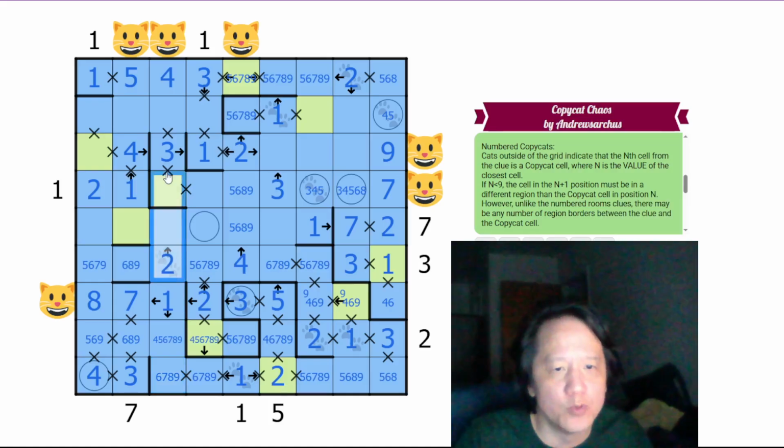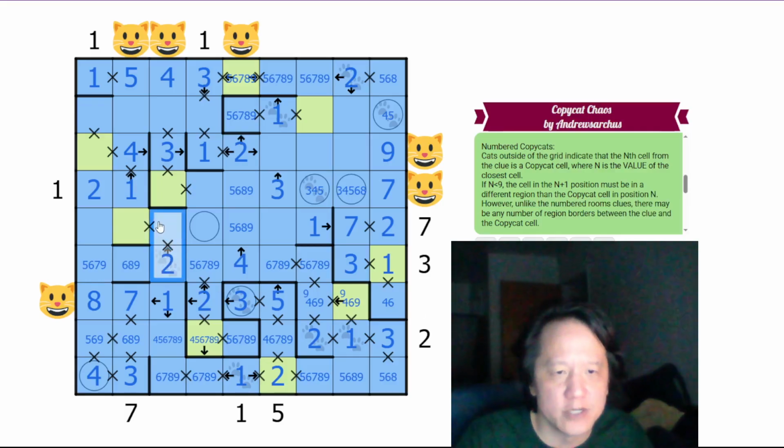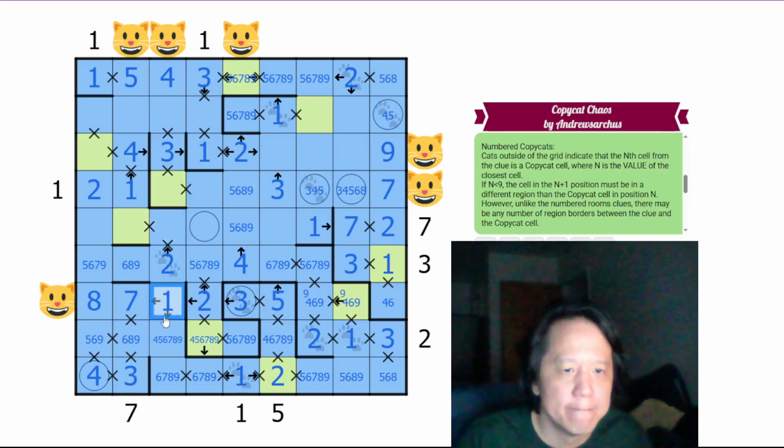This is 2 away from its copycat. So this has to go that way. So this connects to these two, because otherwise it's not going to be able to get 2 away from its copycat cell.